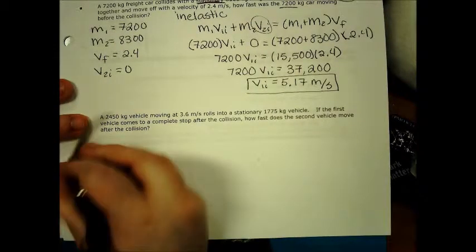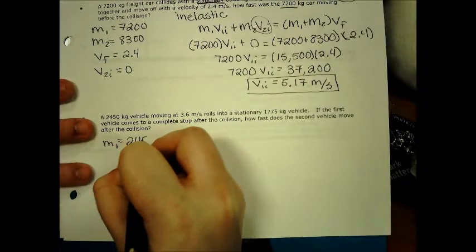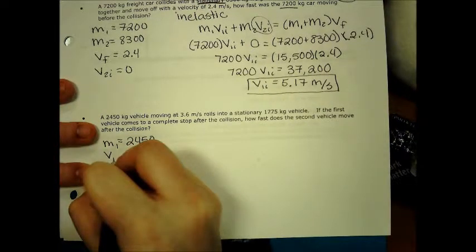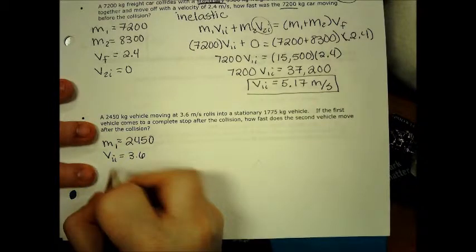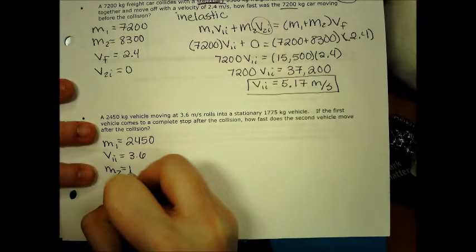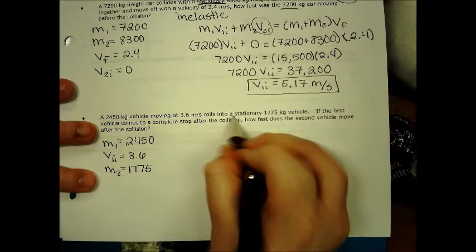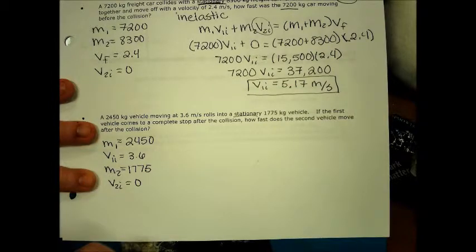Okay, this one. A 2450 kilogram vehicle moving at 36 meters per second rolls into a stationary 1775 kilogram vehicle. Again, stationary tells us that V2I is 0.